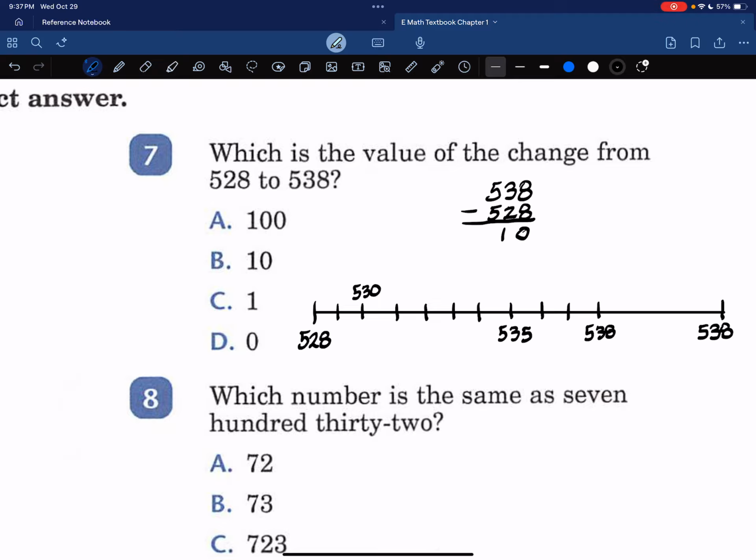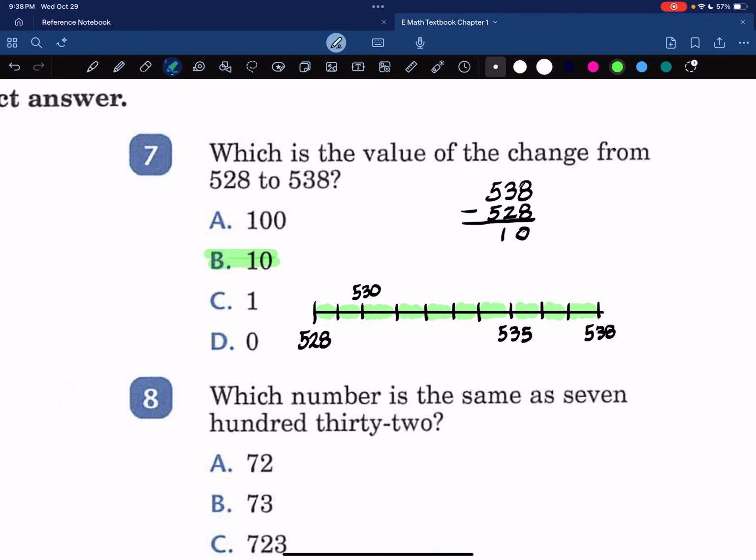So I didn't estimate correctly, but that's okay. It's just a sketch. So what I want to know is how many spaces there are between. So there's 1, 2, 3, 4, 5, 6, 7, 8, 9, 10. So that tells me also that I want 10.